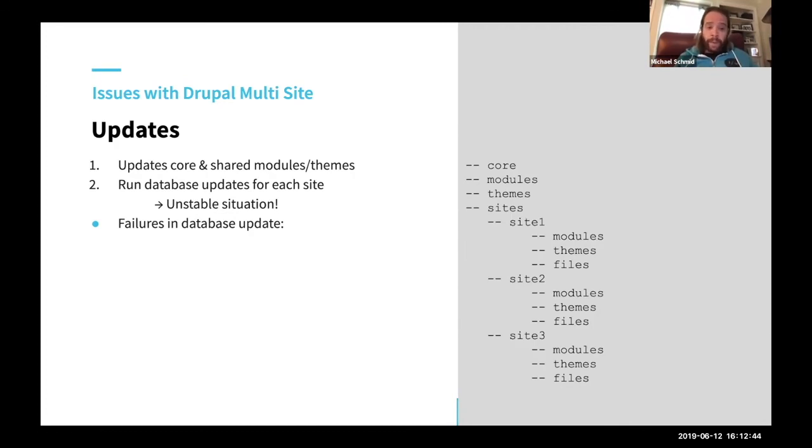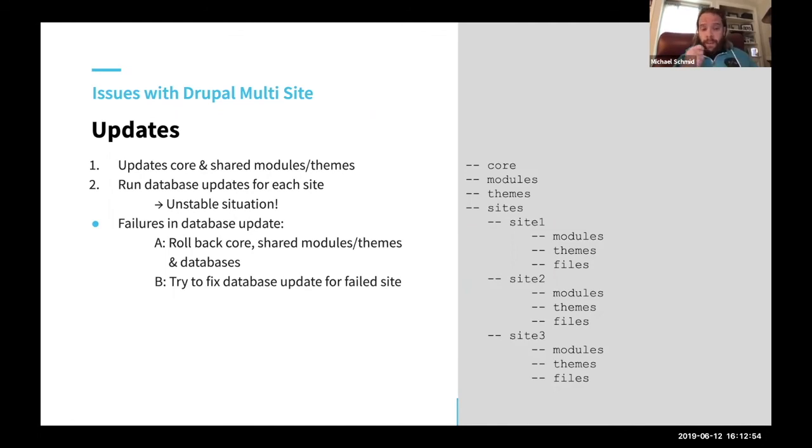Now you have 2 possibilities. You can either roll back the code, all the shared modules and themes, and all the databases of site 1 and 2, or you can try to fix the database update for site 3. While site 3 most probably is going to be down, site 1 and 2 will still work, but now you're going to fix site 3. Now again, if this is only 3 sites, it's not a big deal.